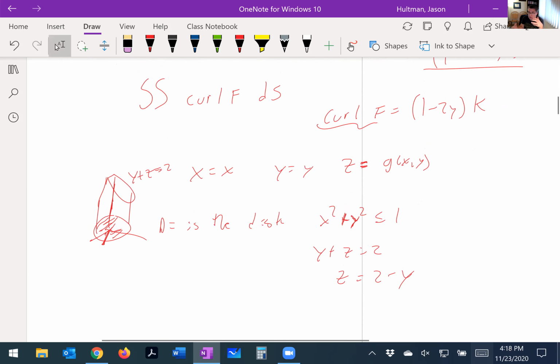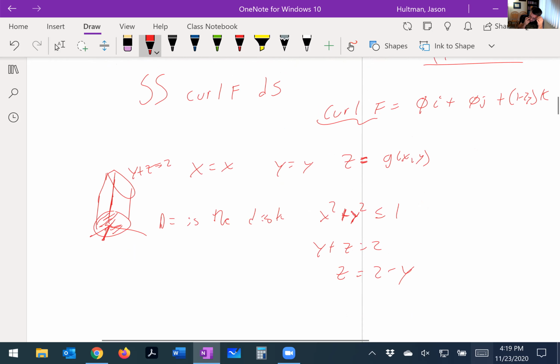When I do my partials, it really is 0i plus 0j plus 1 minus 2y k. So P, Q, and R refer back to the curl, not the original function.